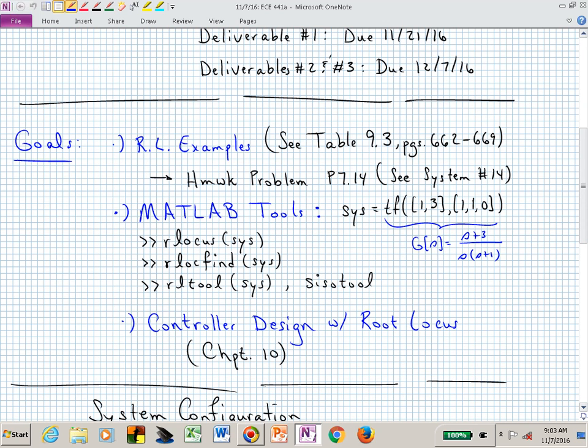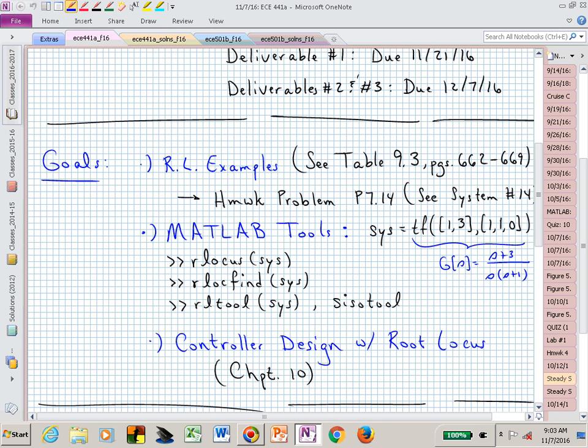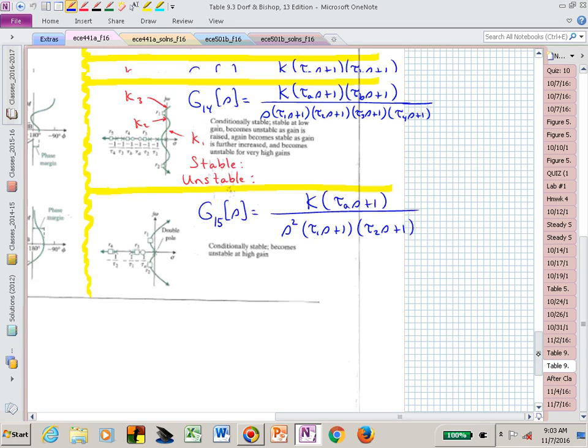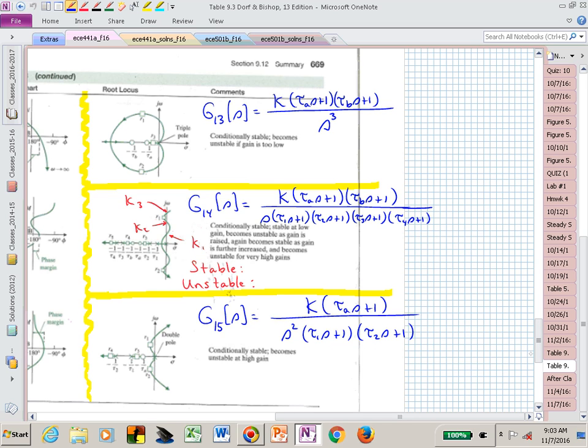In terms of root locus examples, you could look at table 9.3. If you look at transfer function 14 in table 9.3, this is similar to problem 7.14 in the homework, where it's conditionally stable, which means that the root locus is venturing over into the right half plane, then it sneaks back into the left half plane, then it goes back into the right half plane.